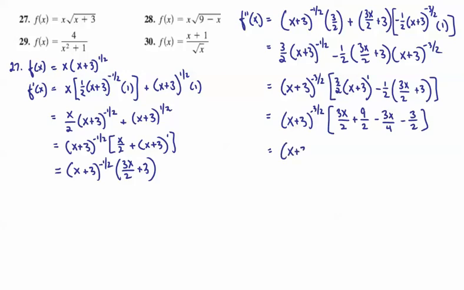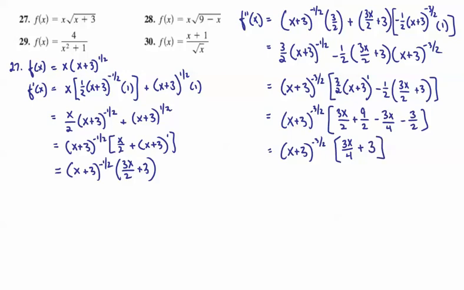Again, (x plus 3) to the negative 3 halves. And 3x over 2 minus 3x over 4 is really 6x over 4 minus 3x over 4, so that's just 3x over 4. 9 halves minus 3 halves is 6 halves, so that's plus 3.